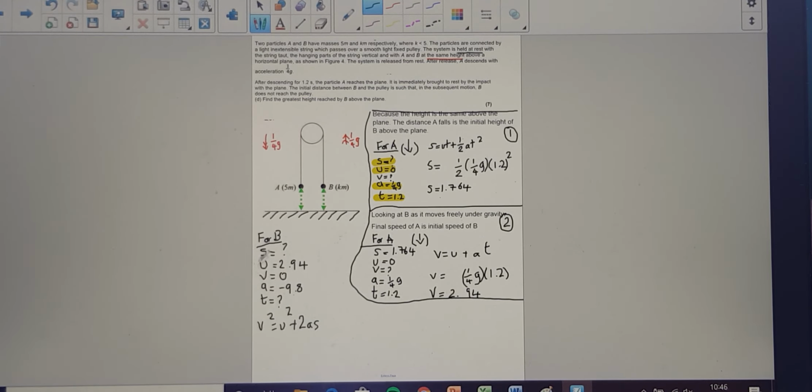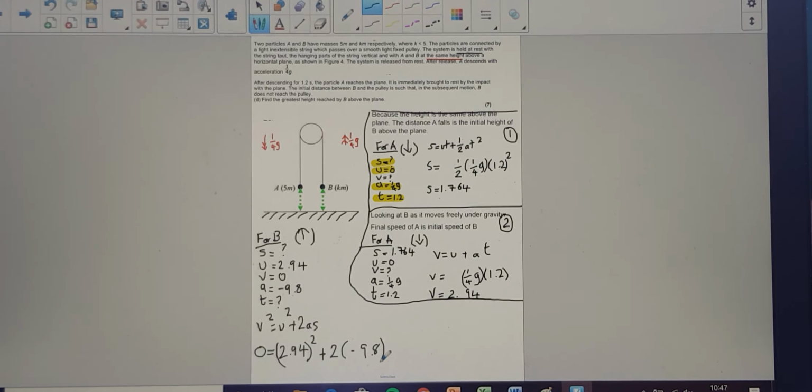Plug in what I've got: 0 equals 2.94 squared plus 2 lots of minus 9.8, and then that will be S. Remember, I'm going to call up positive this time.